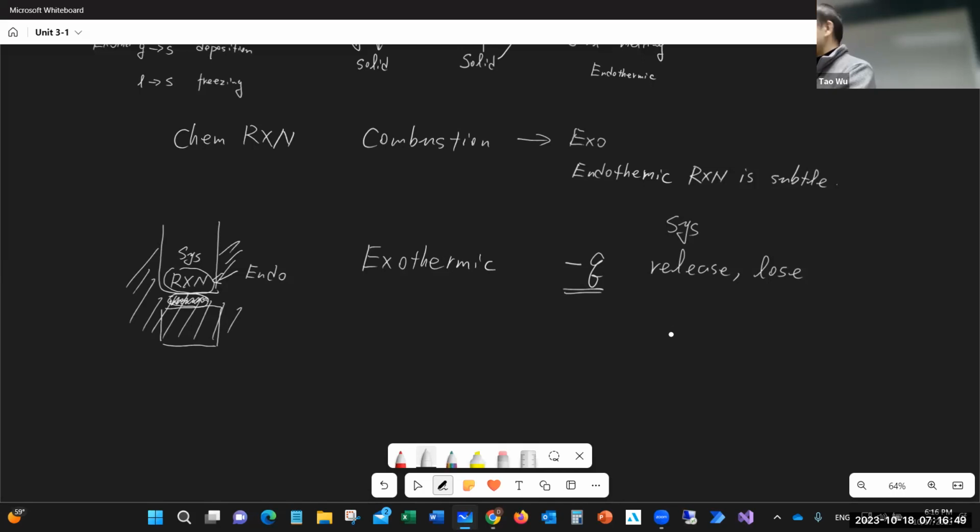That makes sense, right? And then the endothermic goes the opposite way. Endothermic has a positive number, which means it's gaining or adding, because the system needs to gain the heat. So that's why we have a positive sign.